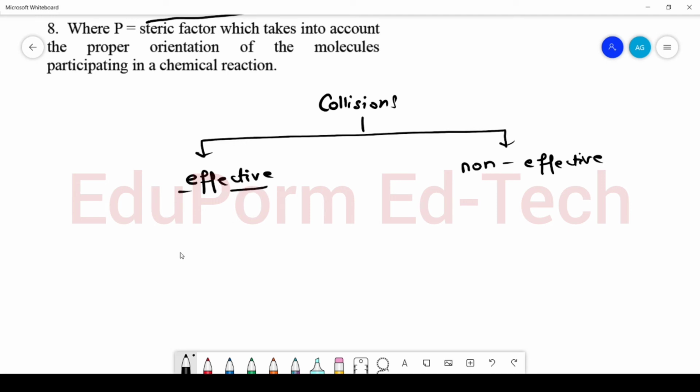Effective collisions are those in which the orientation of molecules is perfect. Second, the colliding molecules have sufficient energy. That means the collision is taking place with sufficient available energy. And the minimum amount of energy which is required for effective collision is called threshold energy.